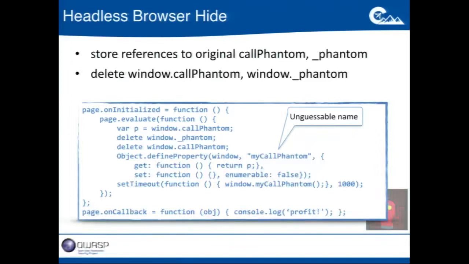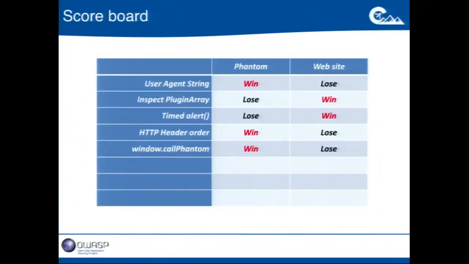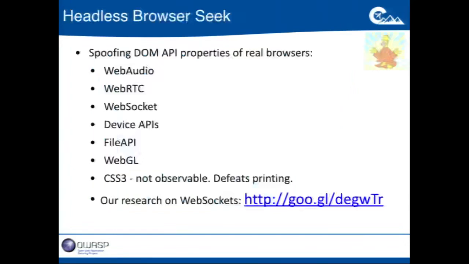Therefore, the script inside the page cannot look into window to test whether there are fishy properties in there. With that, the page probably can't find whether there's a callPhantom there. So this time, Phantom.js wins. These five were 1, 2, 3. Yeah, Sergey.